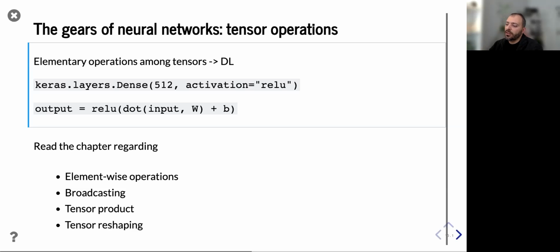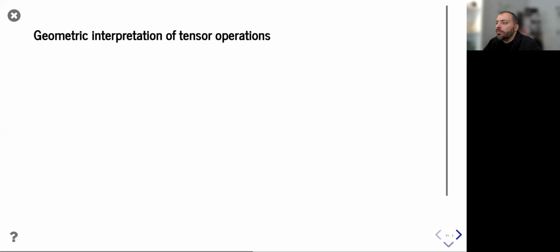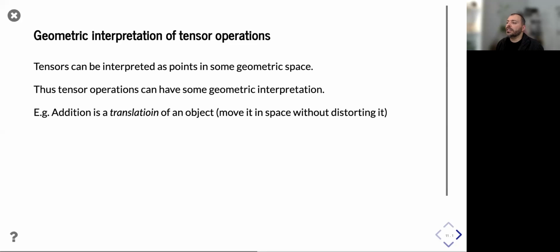Now, we saw that deep learning has layers, and layers are just elementary operations on tensors. But let's see how we can interpret it in a different way that makes more sense intuitively. So we can see all the tensor operations geometrically. First of all, all the tensors are points in some geometric space, okay?